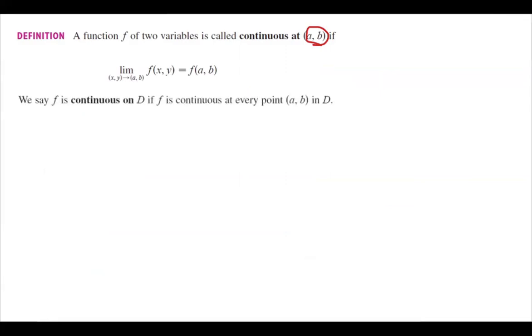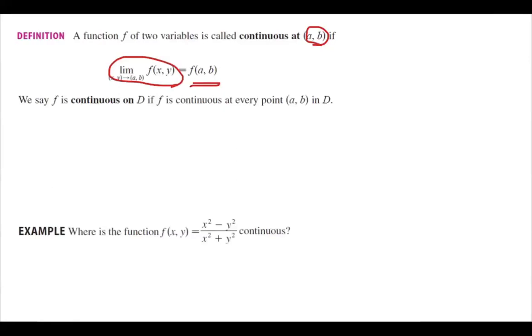We say that f is continuous on domain D if it is continuous at every single point in that domain. So please note that here you need to find the limit of the function and show that the limit of the function is equal to the z value of the function.